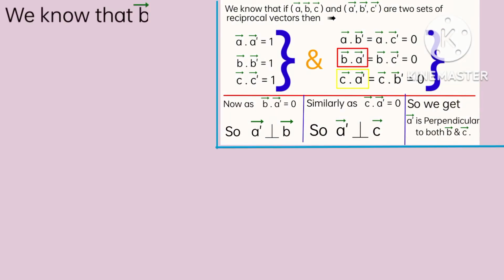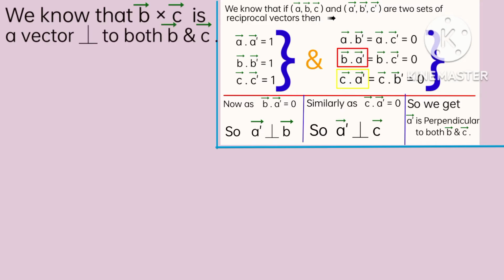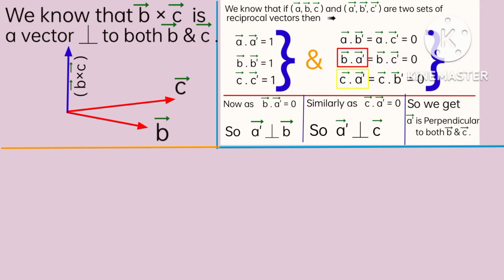We know that B cross C is a vector perpendicular to both B and C vectors. Here is B vector, here is C vector, and B cross C is perpendicular to both.